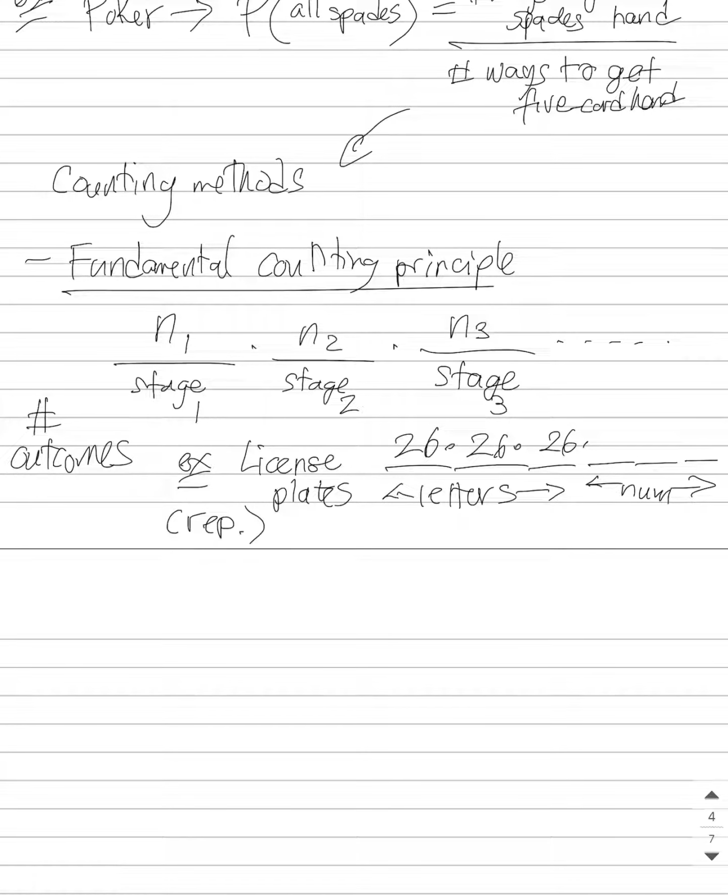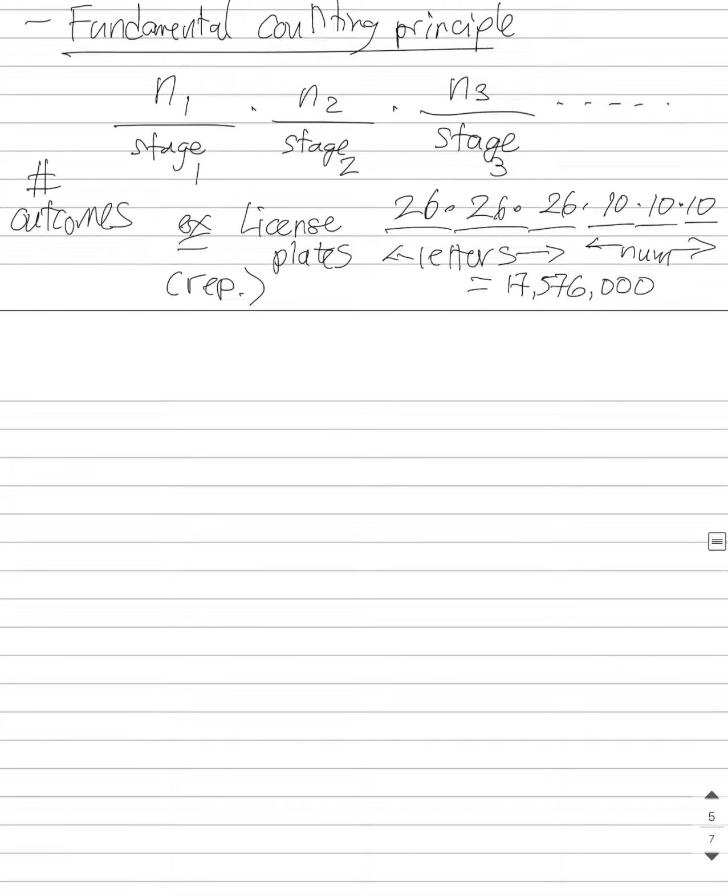Similarly, for numbers, I'm talking about a single digit, so there are 10 possibilities, 0, 1, 2, all the way up to 9. And if I'm allowed to repeat, I'll have another 10, and then another 10. So the number of license plates that I could possibly generate this way is a really big number. It turns out to be 17,576,000. I certainly didn't count them one by one, but I used this idea of the counting principle to allow me to do that.